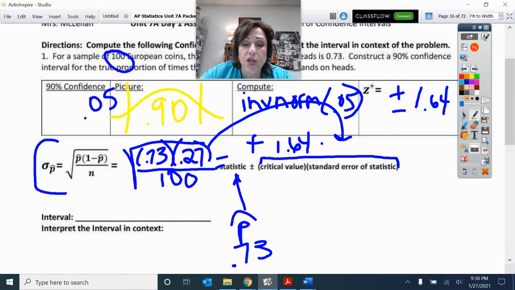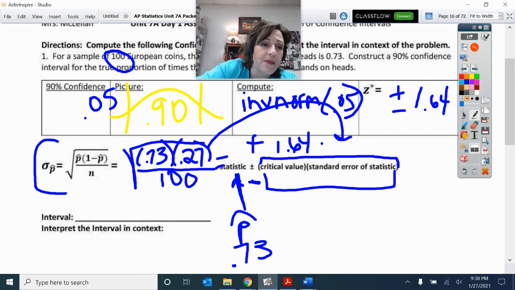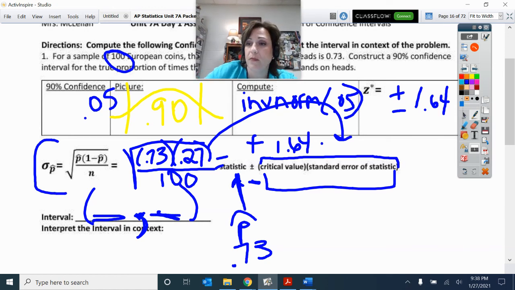And then you will get the lower bound by doing your statistic minus that margin of error. Same thing, adding it up, subtracting it down. Then you put your answer like an ordered pair, where your p-hat's right in the middle, but you have your lower bound and then your upper bound.